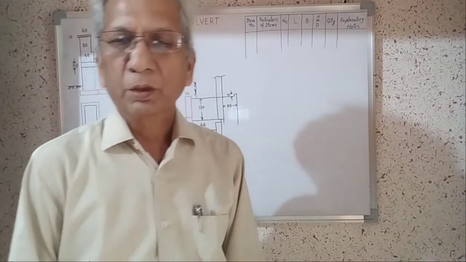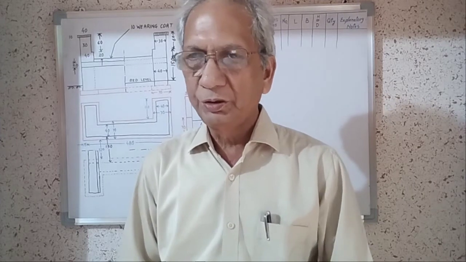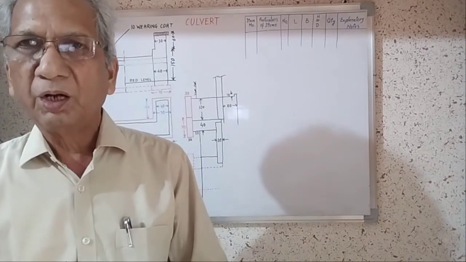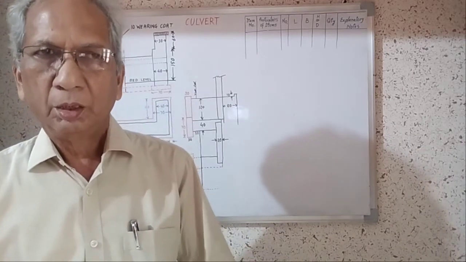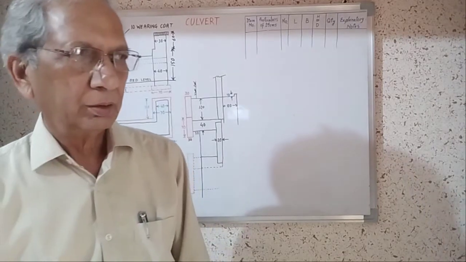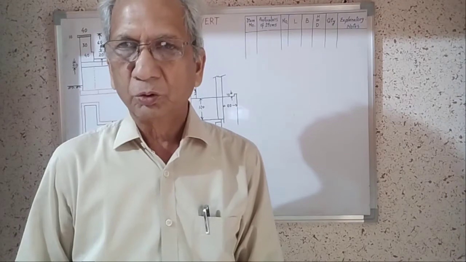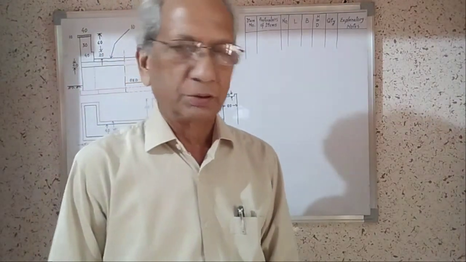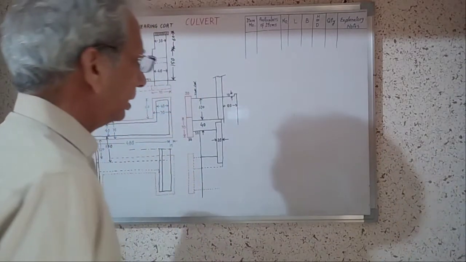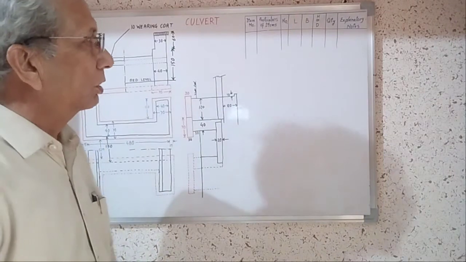As you know, this is a small bridge constructed on a water course where the quantity of water is very less, and the road is going upon the bridge, and water is going beneath the bridge. Now we will discuss the various quantities of various items of the culvert.